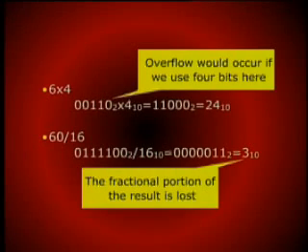So actually 60 divided by 16 would be 3 point something. So point something has been lost, and we have only the integer part as 3.